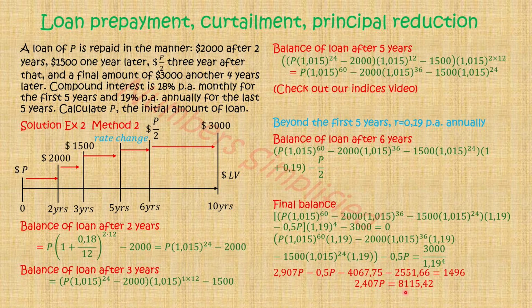But of course, this is not the final answer because we have to find what p is. So dividing throughout by 2.407, that's not 1,000, but that's 2.407. We are going to get a p-value of 3,371 as our final answer. So that's how we would solve our question.